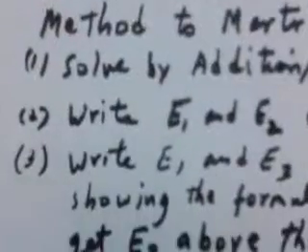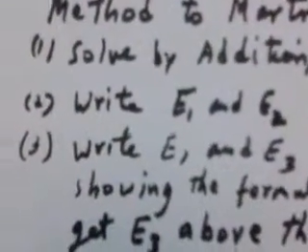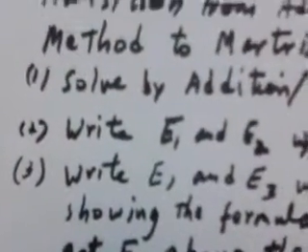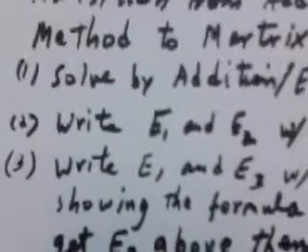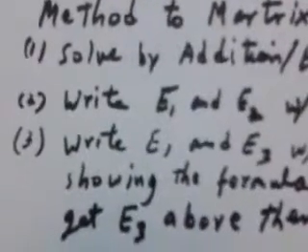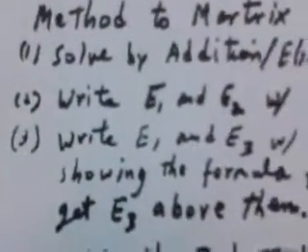So we start by solving the system by using the addition/elimination method. You do that first. Even though you're using the matrix method, you solve it by using the addition/elimination method because you want to see the connection between those two. This is a transition from one method to the other.